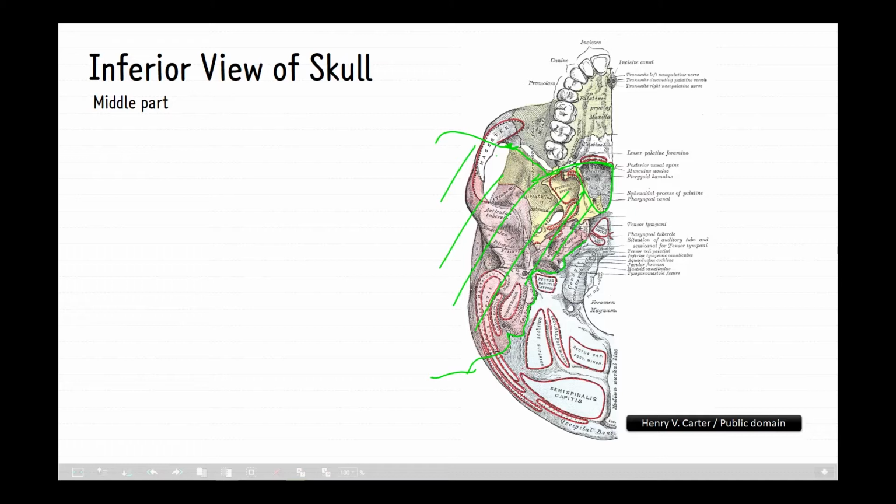Anyway, in the adult, the body of sphenoid bone fuses with the basic, the basilar part of the occipital bone, to form a midline bar of bone that extends posteriorly to the foramen magnum.